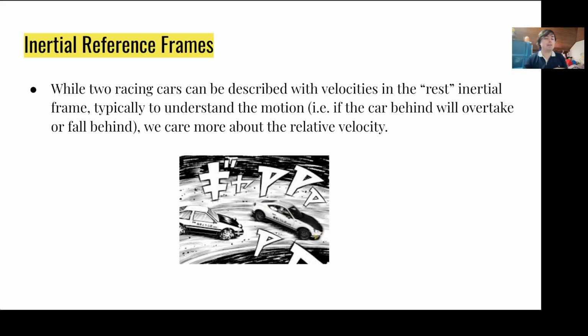So for example, if you have two cars that are described with velocities in the rest frame, we would typically understand the motion better, like if one car would overtake the other, if we look at the relative velocity between the two cars.